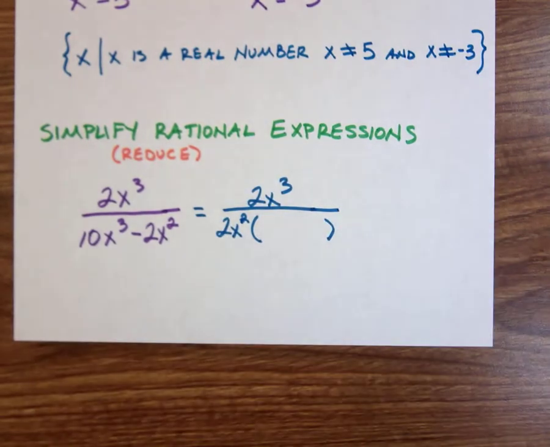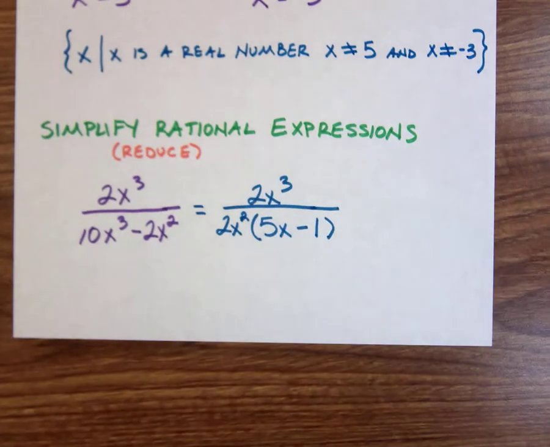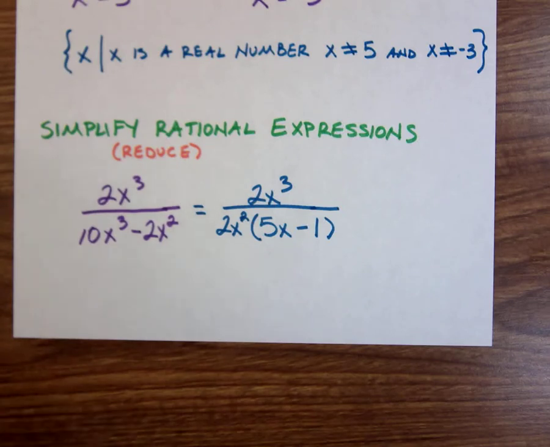If I factor out a 2x squared, what's left? Minus 1. Great. Now what? Do you see anything that can reduce? I do.